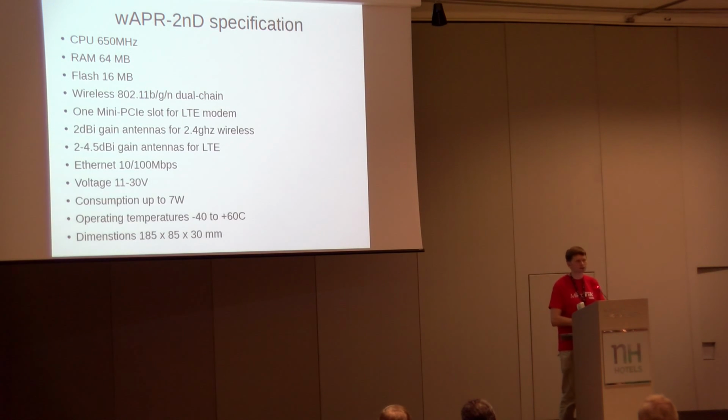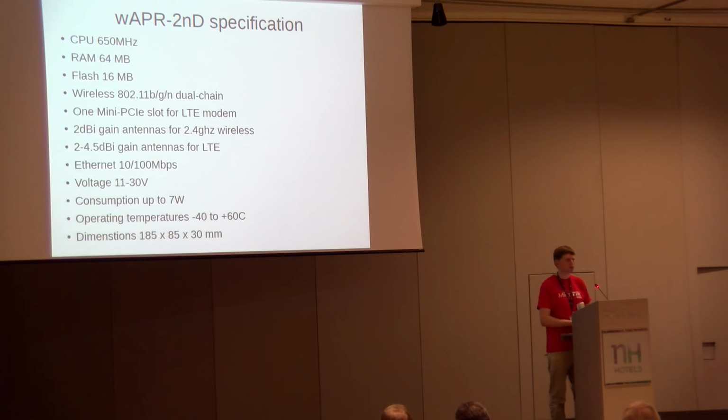So here you can see the specification in more detail, like CPU, memory, and the flash. We have 2 dBi gain antennas for 2.4 gigahertz, and for LTE, depending on the band, because the band is from like 700 megahertz to like 2.8 gigahertz.